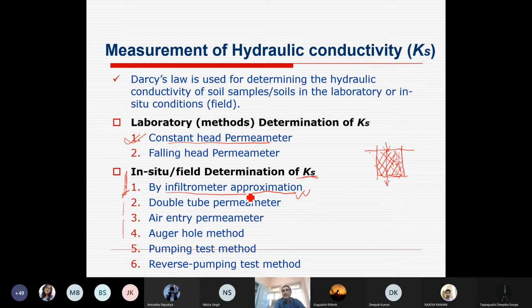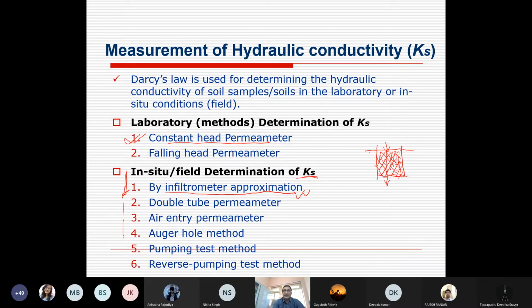That is the infiltrometer approximation, which is not correct because soil is highly heterogeneous. But sometimes, in the absence of proper measurement of hydraulic conductivity, we can take this information as the approximated saturated hydraulic conductivity of soil.